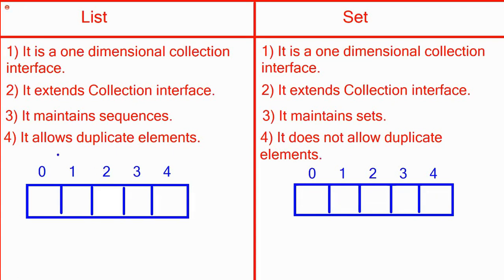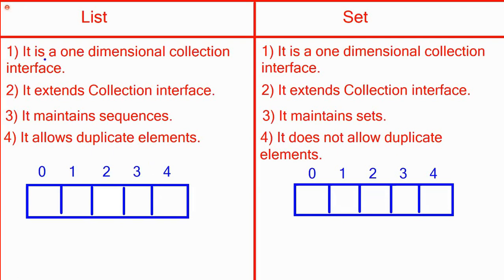See, here it allows duplicate elements. It does not allow duplicate elements. Here five elements of memory are given, and here also five elements of memory are given.